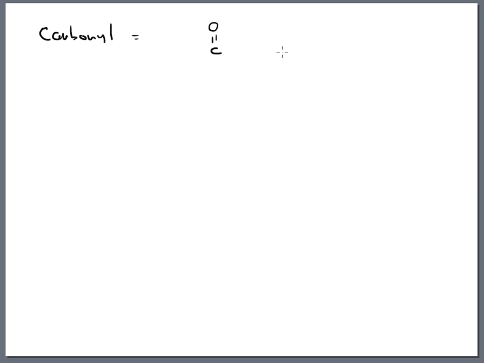There's tons of different things that include a C double bond O. And because there's tons of these, folks, it's actually one of the most important functional groups that we discuss in organic.